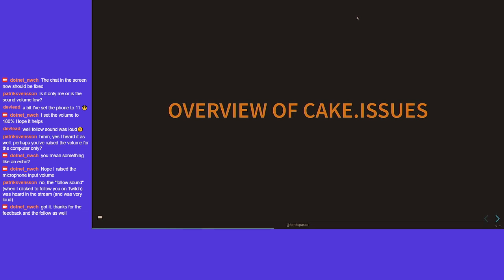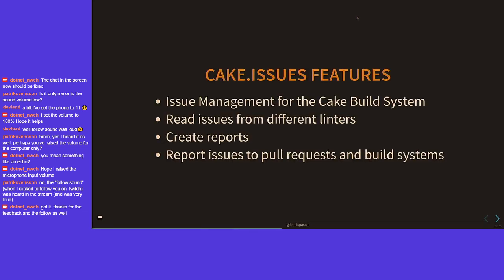So going back to continuous code inspection, there's a bunch of add-ins available for Cake called Cake Issues, which you can use for doing this code inspection stuff inside of your build pipeline. Cake Issues is issue management tooling for the Cake build system.